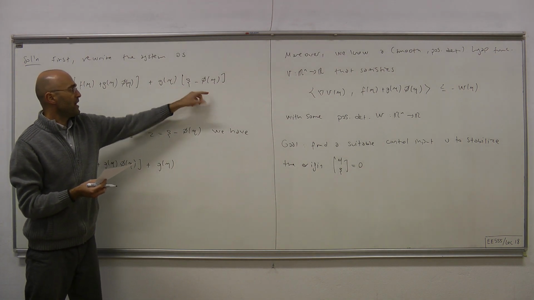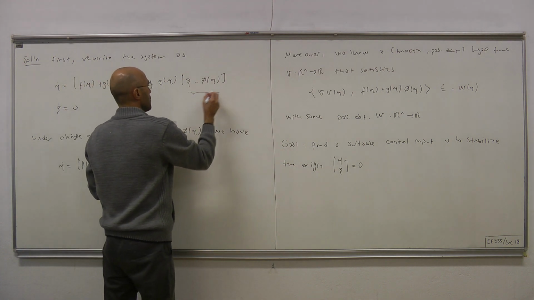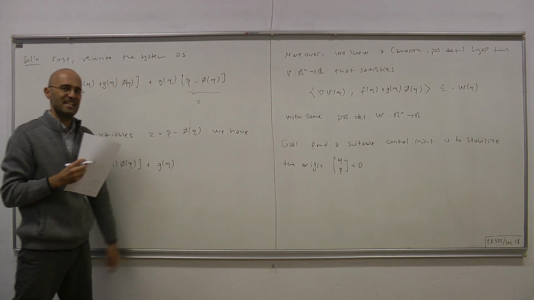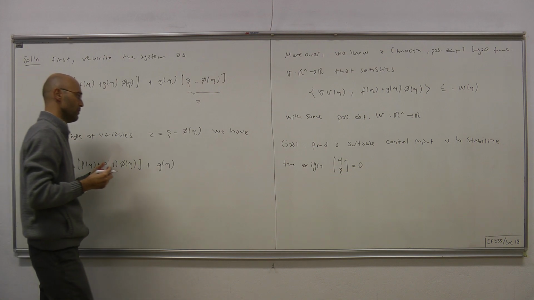So g eta times that, and this thing now we're calling z. It's our new state variable.